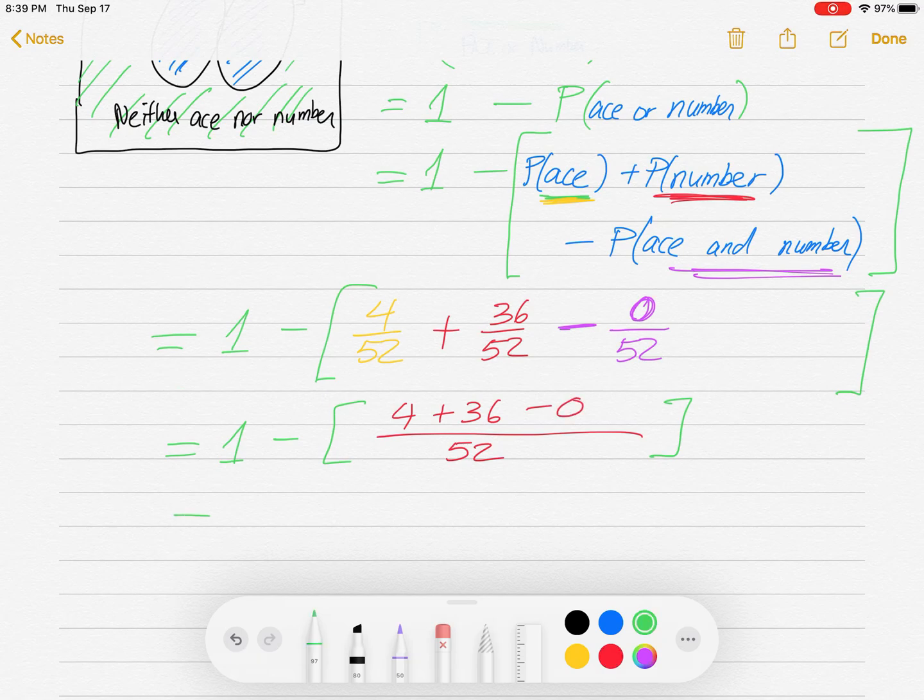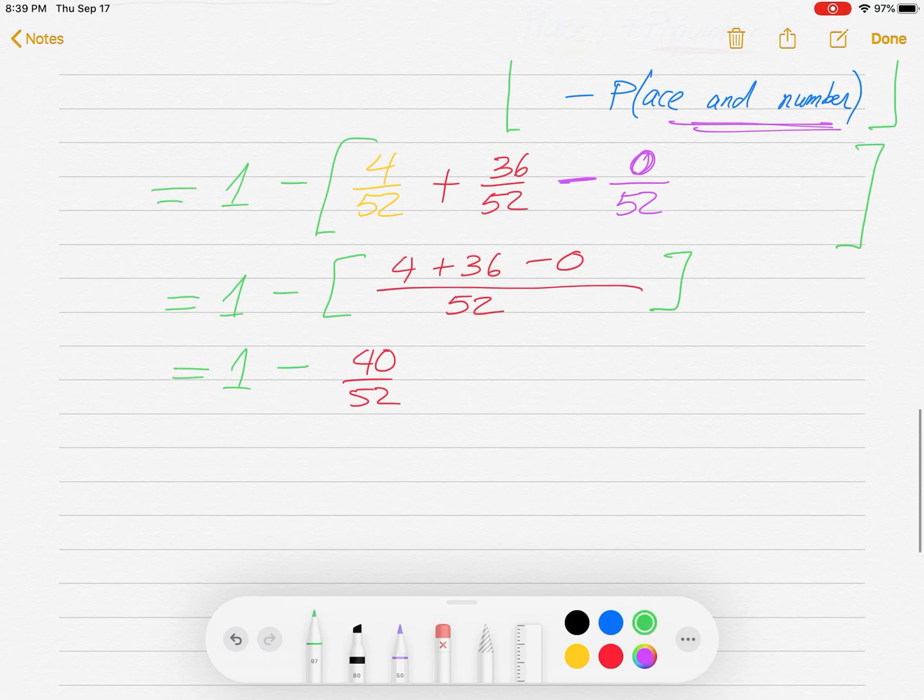All right, so that's 1 minus, and when you add those tops together, you get 40 out of 52. In other words, 1 minus, what's 40 divided by 52 is the question.